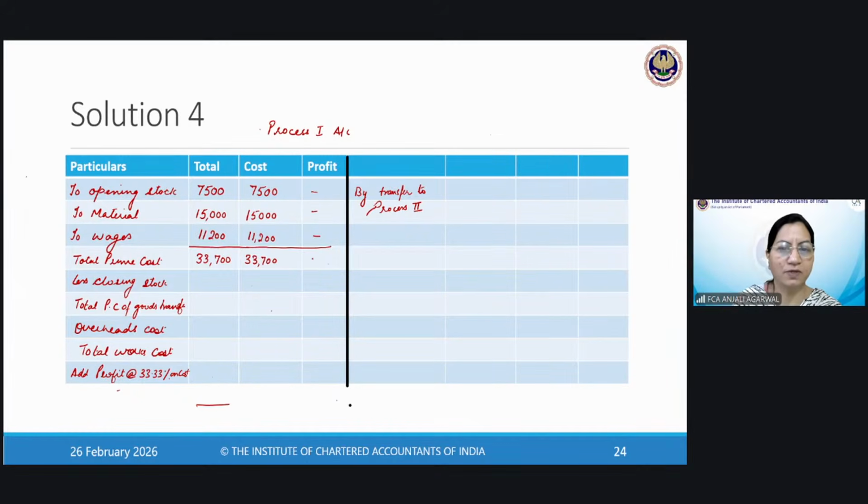There is no inter-process profit so far. Out of this, we subtract 3,700 as closing stock, 100% cost, with no inter-process profit. So the prime cost moving to the next process is 33,700 minus 3,700, which is 30,000, whose cost is also 30,000 with zero profit.